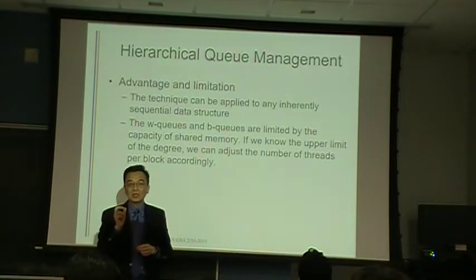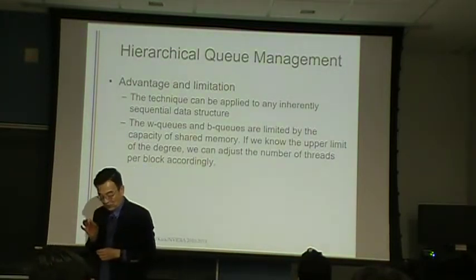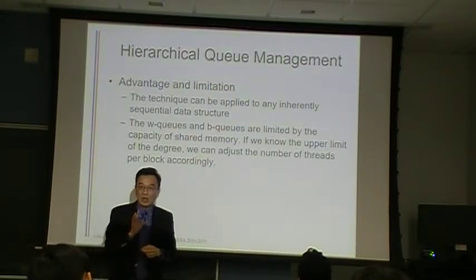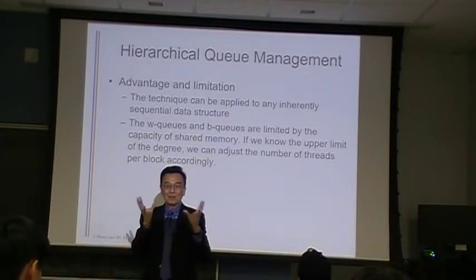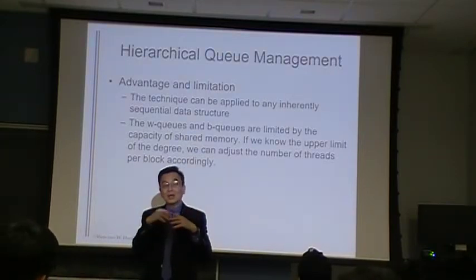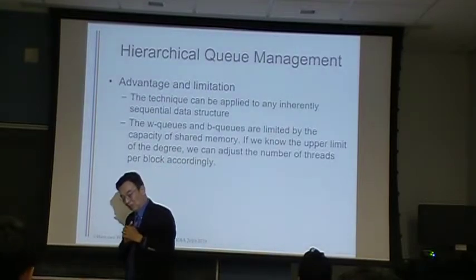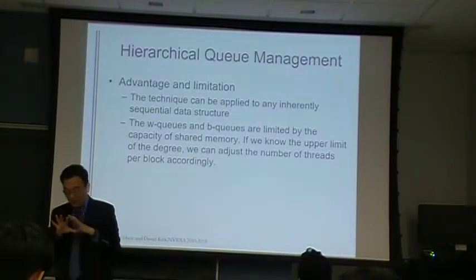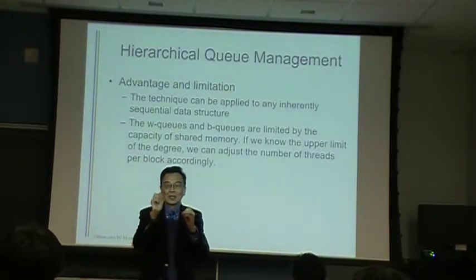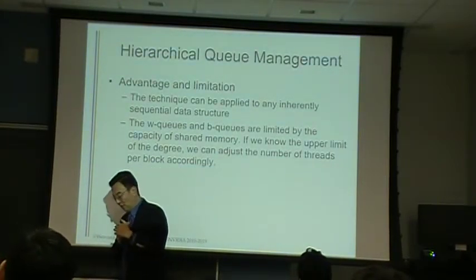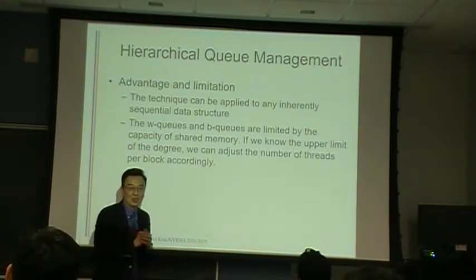But this is also one of those dirty secrets in graph processing. There are certain graphs that are what we call scale-free graphs, right? And some of the graphs have a relatively uniform number of edges out of each node, but some of the graphs are highly skewed.